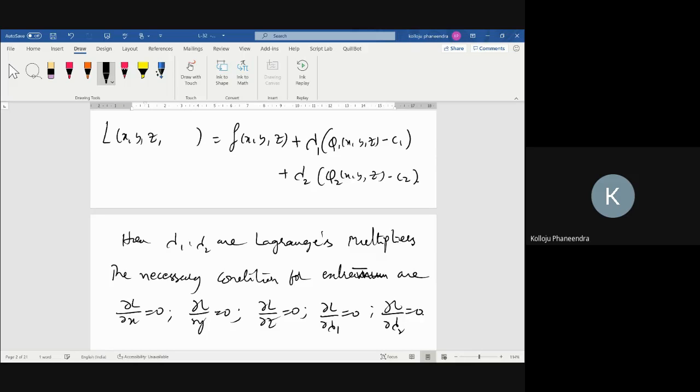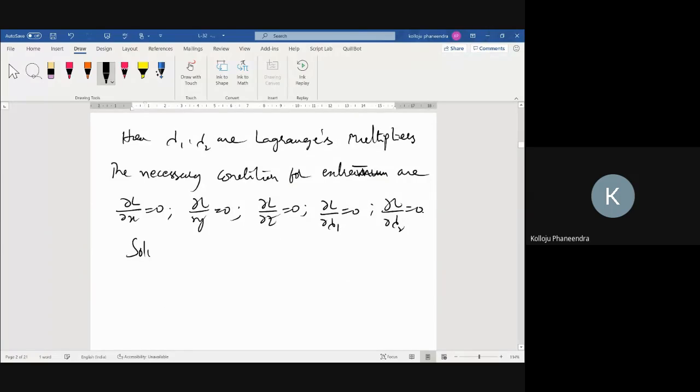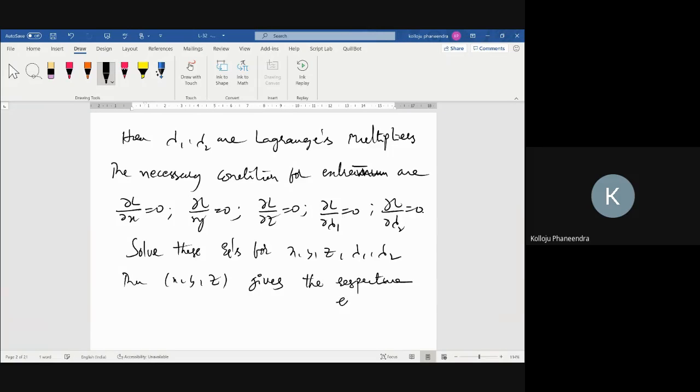Totally 5 equations are there, where L is a function of x, y, z, lambda 1, lambda 2. Solve these 5 equations for x, y, z, lambda 1, lambda 2. Then x, y, z gives the corresponding extremum.